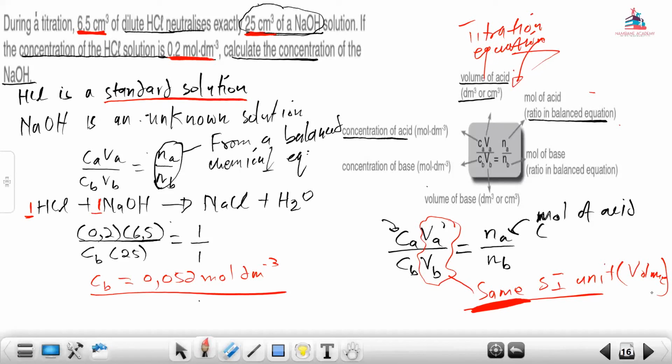But for volume, you can have it in centimeter cubed, decimeter cubed, liters, milliliters. Just ensure that your volume is in the same SI unit.